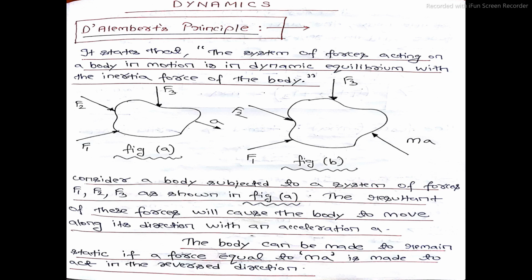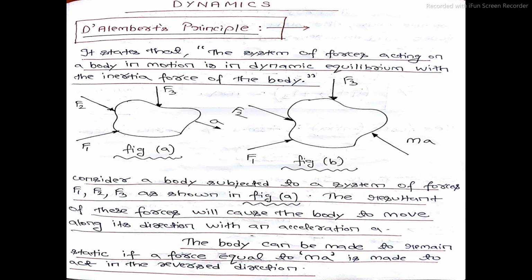I repeat, what is kinematics? It is the study of geometry of a motion without considering the cause of motion. For example, in kinematics, mass and force are not considered.